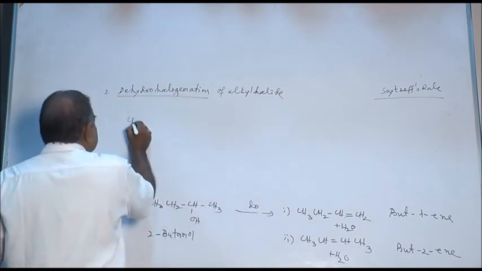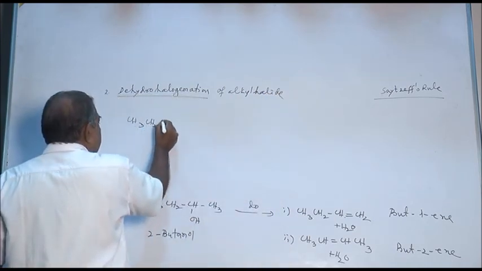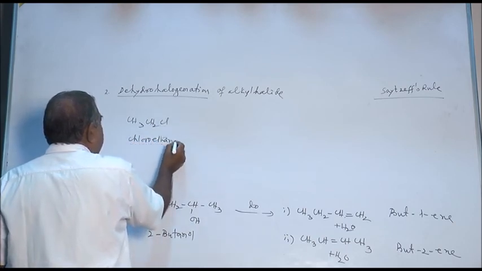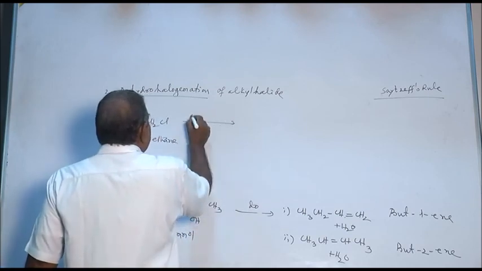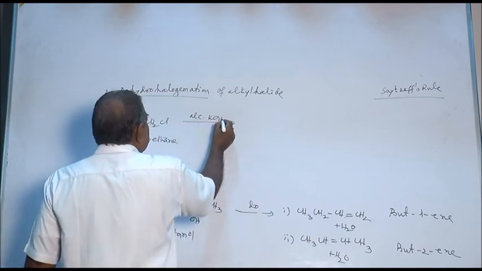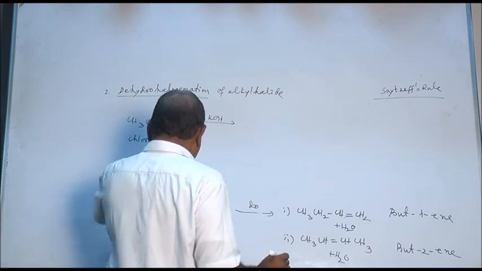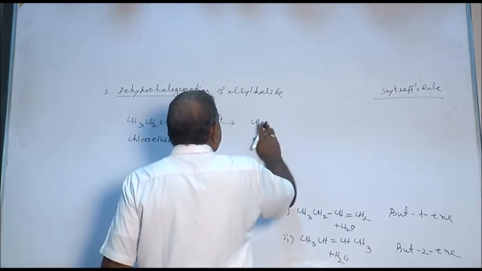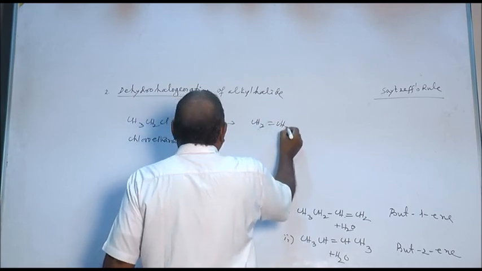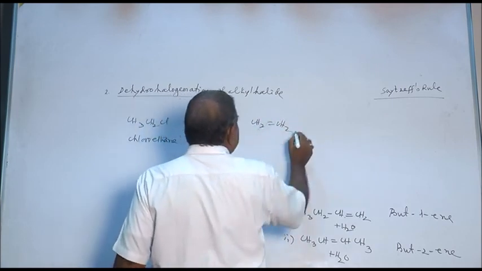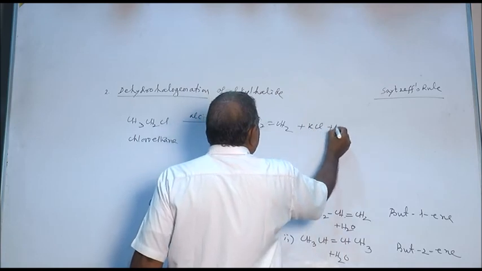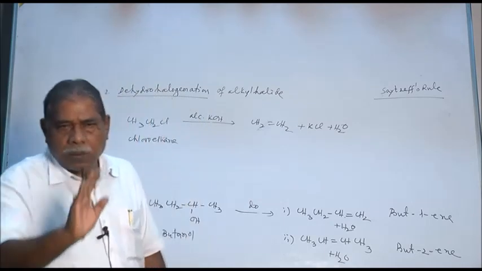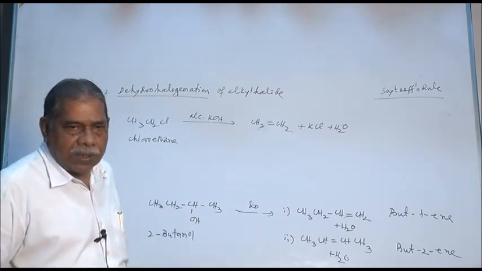So if you take, say, chloroethane, which is a primary alkyl halide, treated with alcoholic KOH, that means potassium hydroxide dissolved in alcohol, you will get ethylene. HCl will react with potassium hydroxide to give potassium chloride and water.